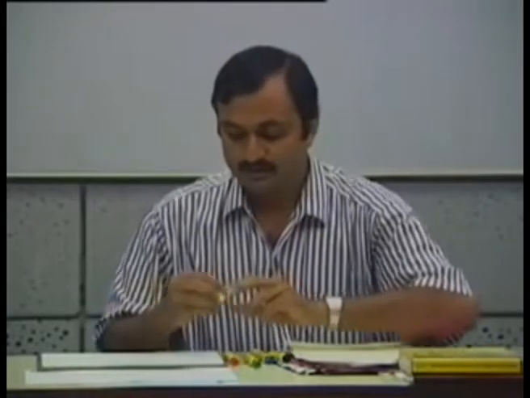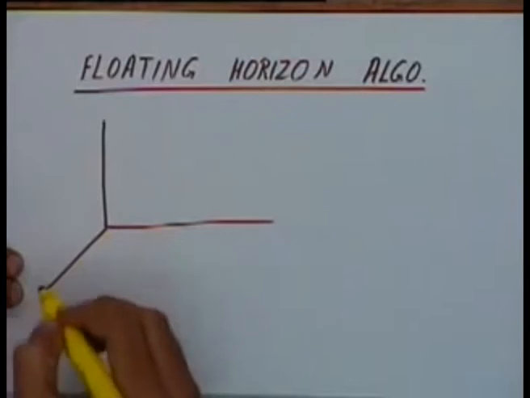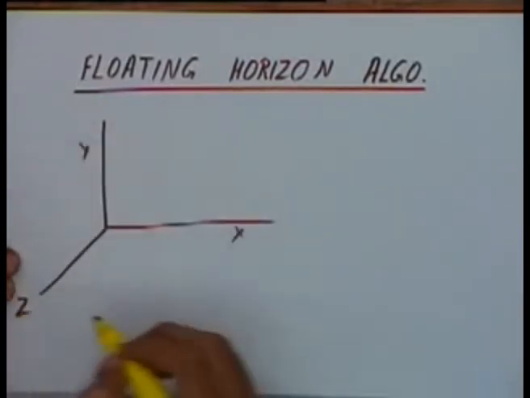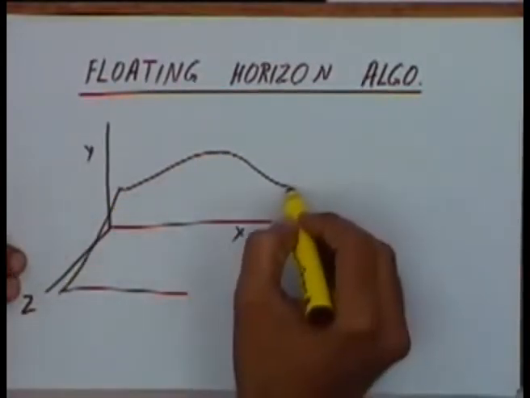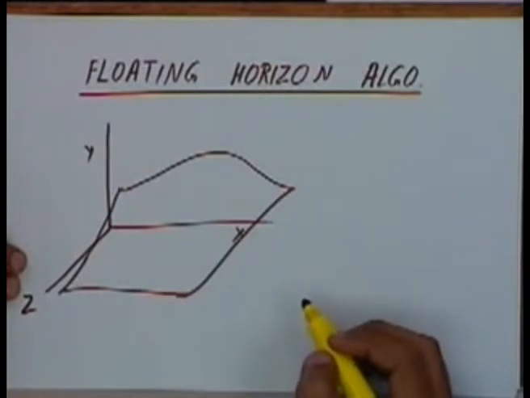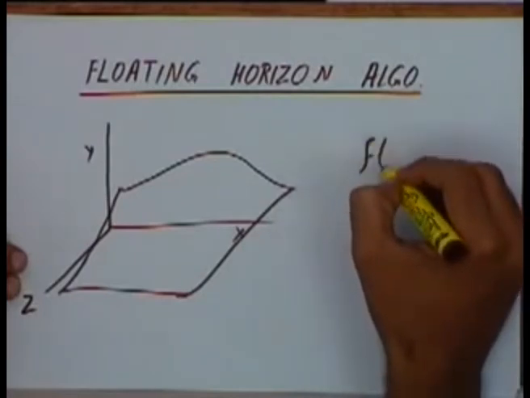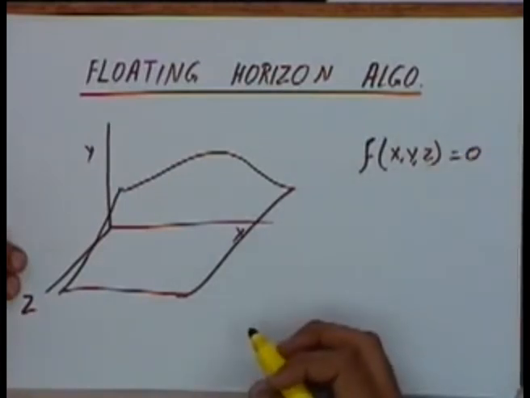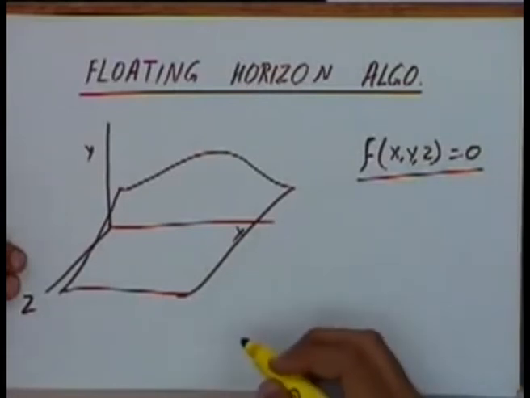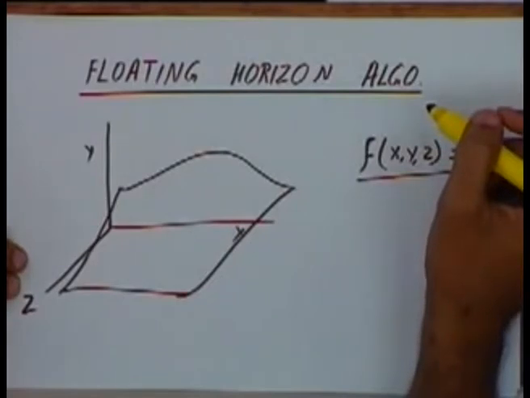Now, this floating horizon algorithm will be used for displaying surfaces. If I have a surface, something like this, where the surface can be given mathematically by an equation of the type f of x, y, z is equal to 0, in that case I can use this floating horizon algorithm.